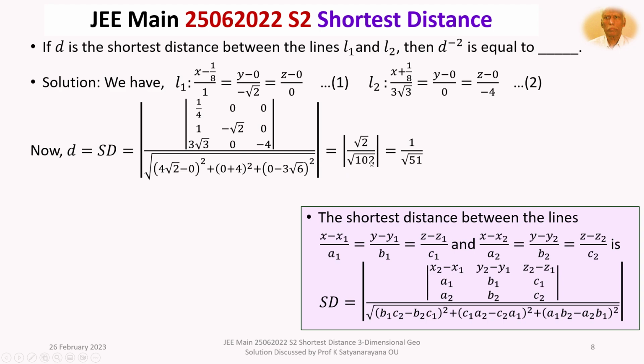The square root of 102 is √2 multiplied by √51. √2 cancels, and we get 1/√51. That is D. So 1/D will be √51, and 1/D² will be 51. That is D^(−2) = 51. That's precisely what was wanted in the question. So the answer is 51.